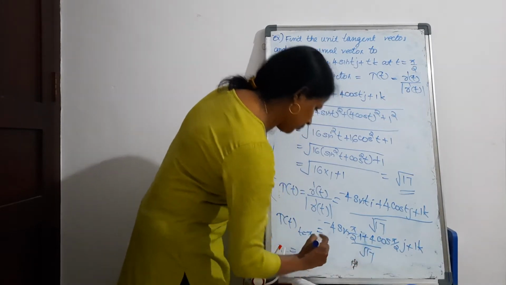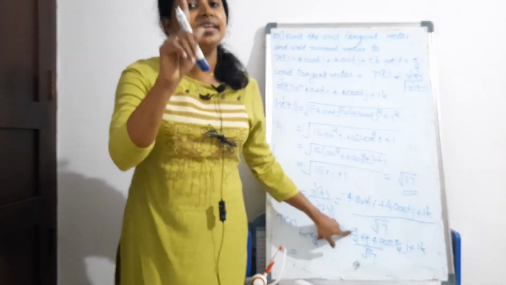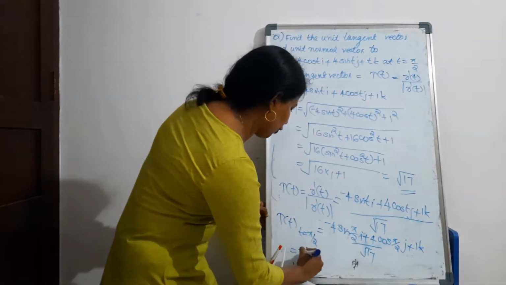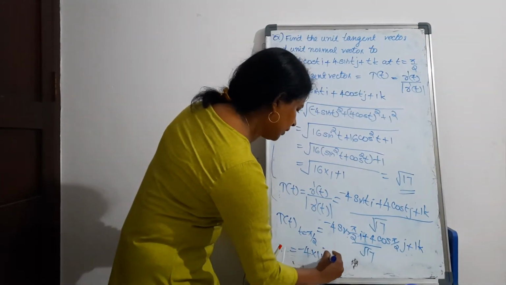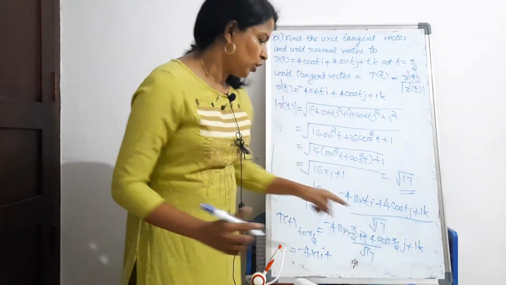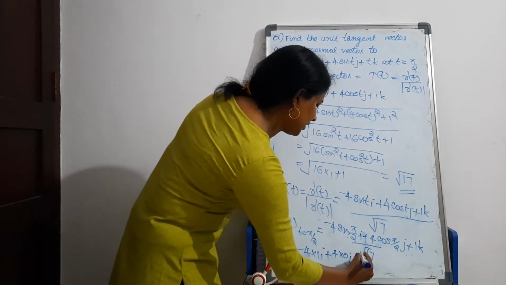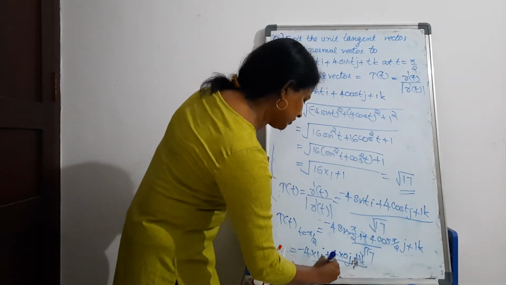Sin 90 is 1, so that is minus 4 into 1 i, plus 4 cos pi by 2, cos 90 is 0, so 4 into 0 j, plus 1 k, divided by root 17.